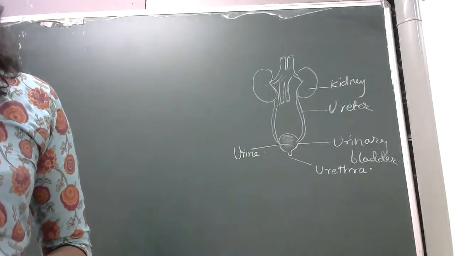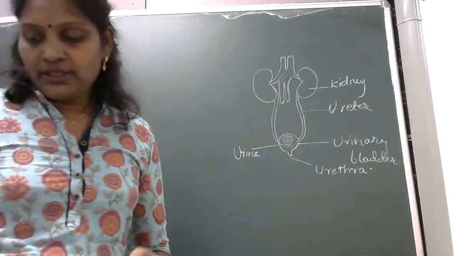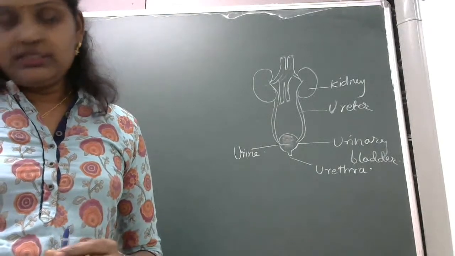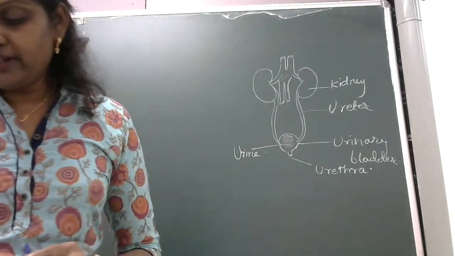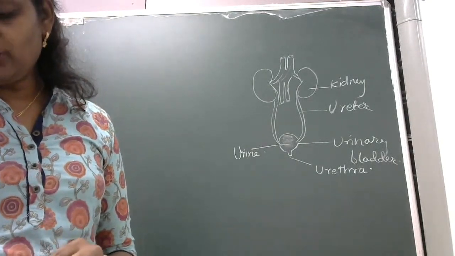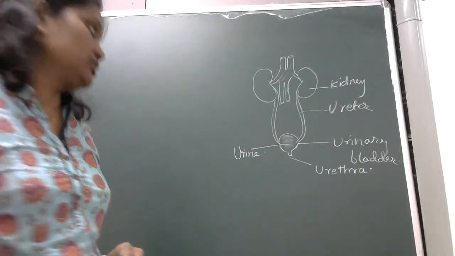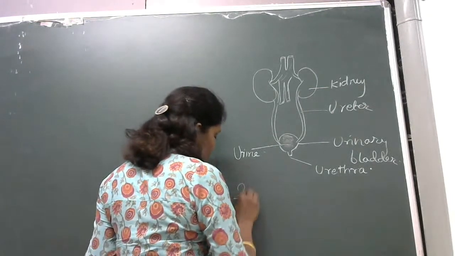In an adult human being, normally about 1 to 1.8 liters of urine is passed in 24 hours.